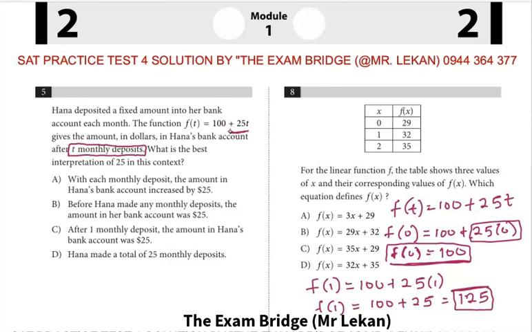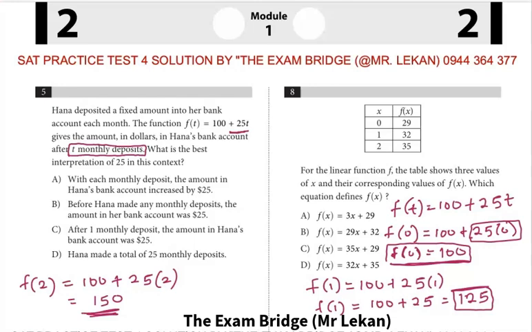Now, if it is 2 months, that means t will be 2. That will be f of 2 is equal to 100 plus 25 bracket 2. So that will be 150 US dollars. That's the second month. So this is how the function works. Now let us see those options.